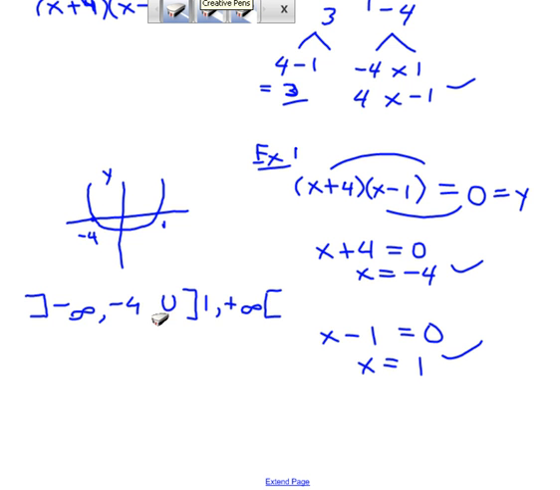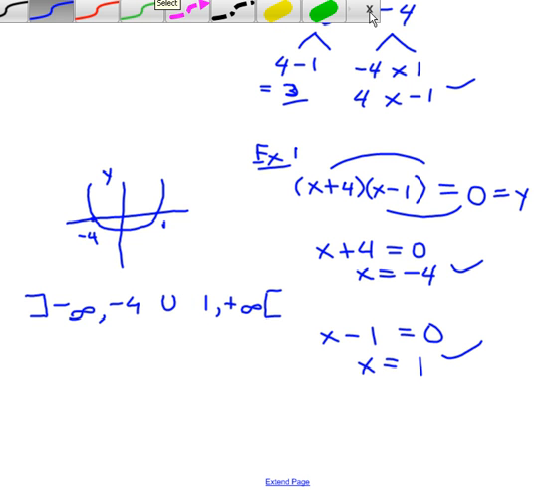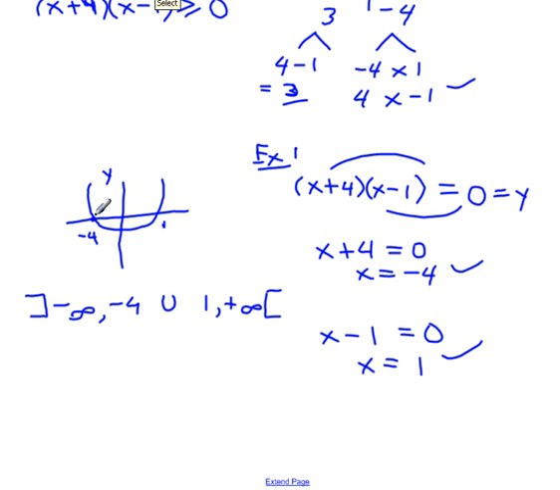A little trick question that I give you. If the sign was only greater than, then you would not include, because if it was only greater than 0, at negative 4, that's essentially at 0, and you can't say that it's greater than that. So you would have to exclude at that point. But because here we have greater or equal to 0, at the negative 4 point it is equal to 0 on the y-axis, so you would include it.